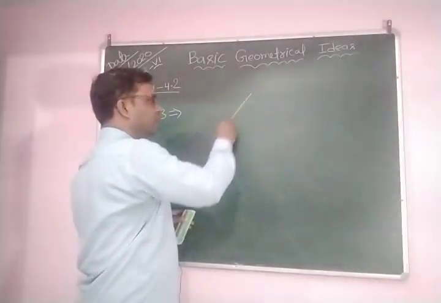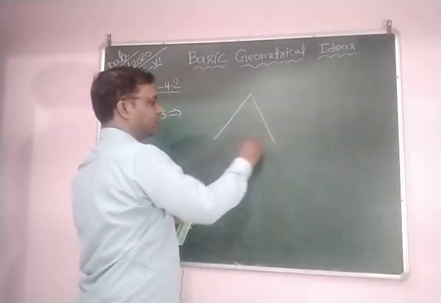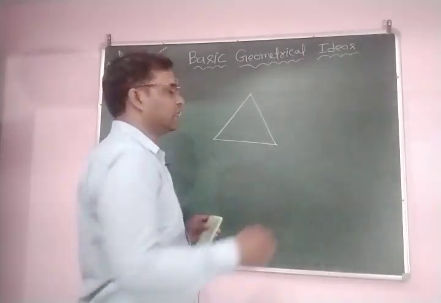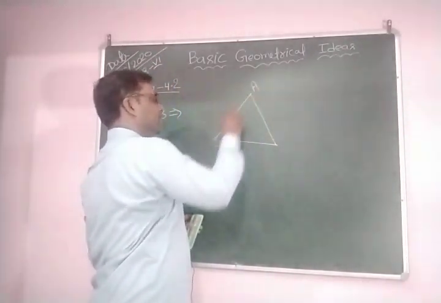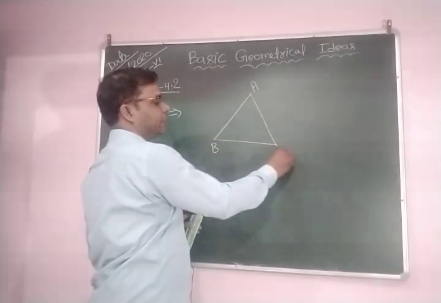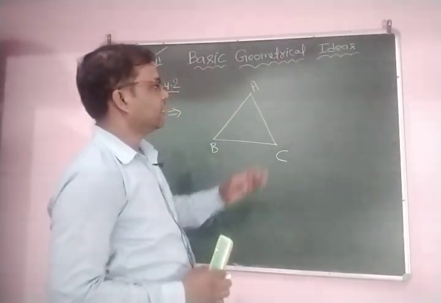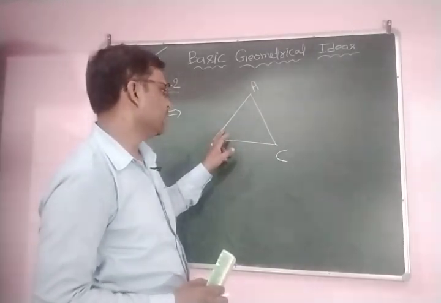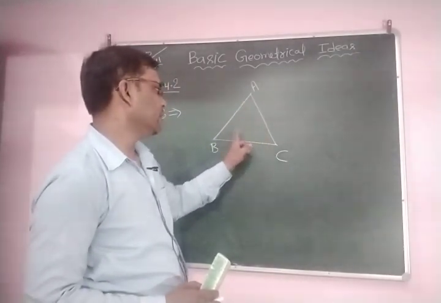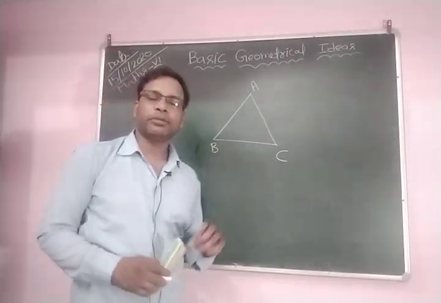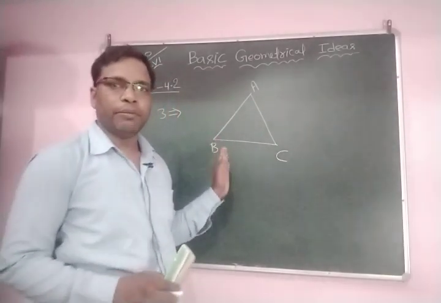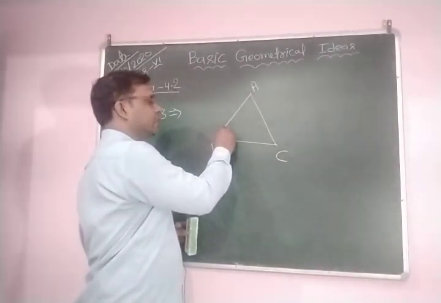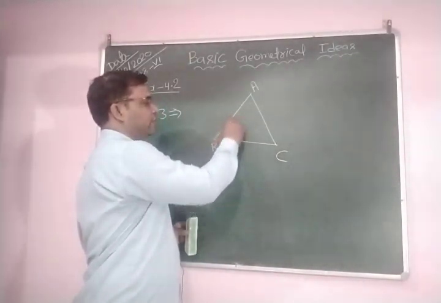You can see this is a triangle, a 3-sided polygon. You can write its vertices: vertex A, vertex B, vertex C, and angle A, angle B, angle C. This is a polygon because it is a simple closed curve made by line segments. So you can set its interior region like this.